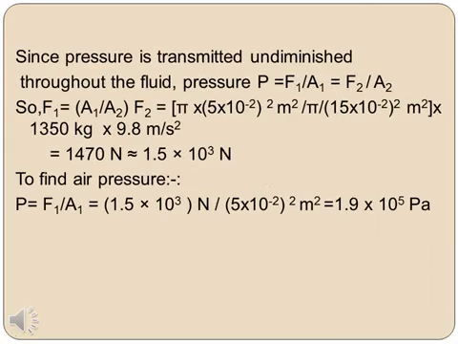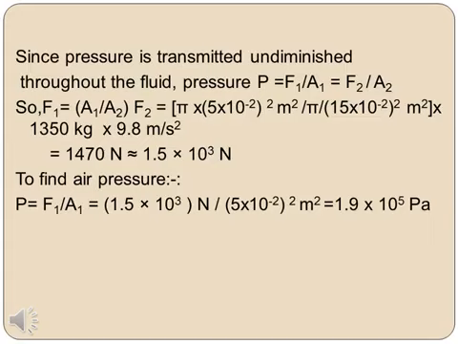Transmitted undiminished throughout the fluid, the pressure P is equal to F1 by A1 is equal to F2 by A2. So, F1 is equal to A1 by A2 into F2. By substituting the values of A1, A2 and F2, we get it is equal to 1470 Newton.